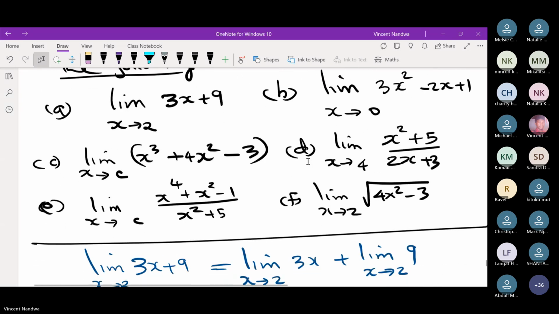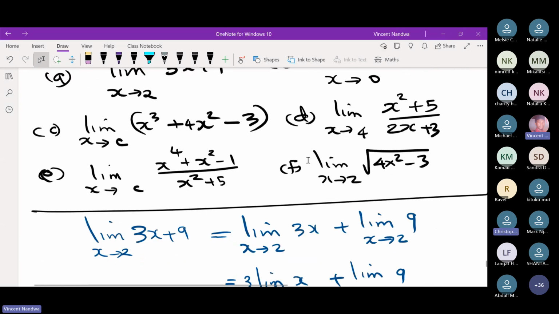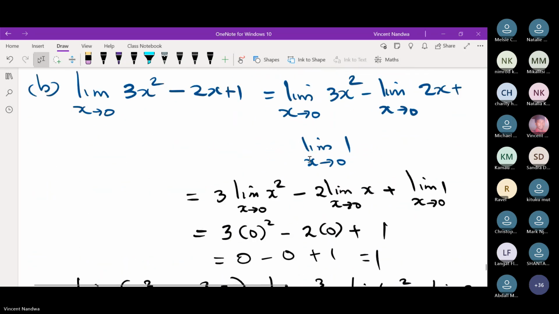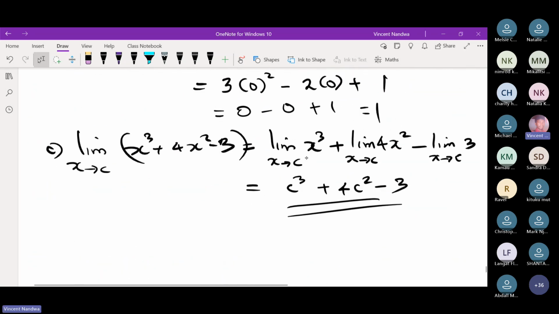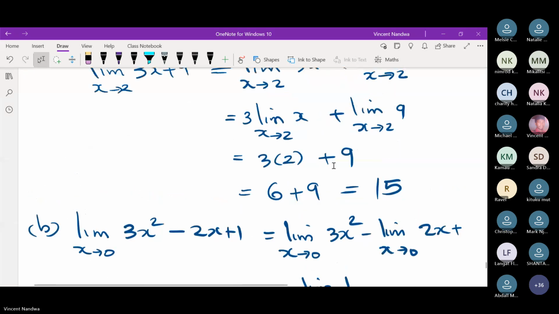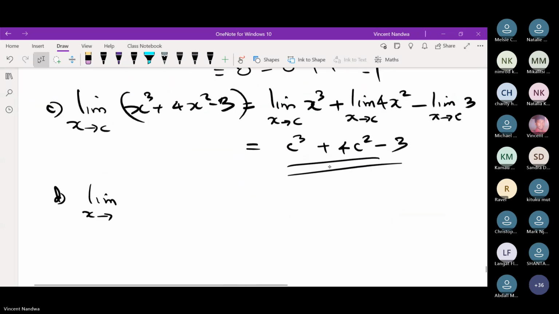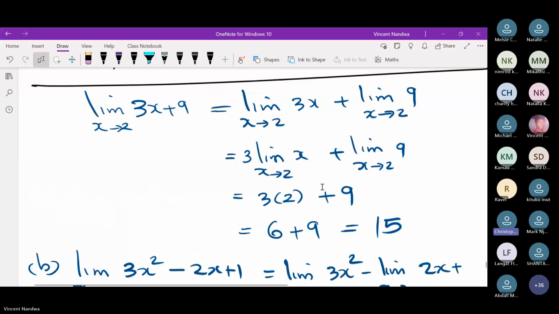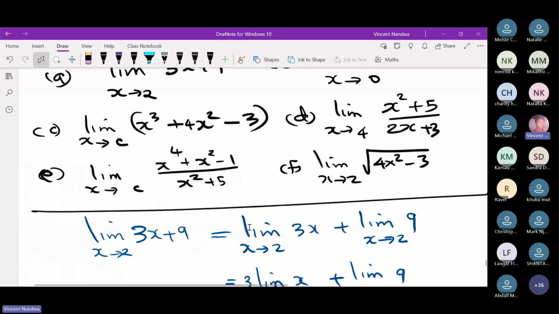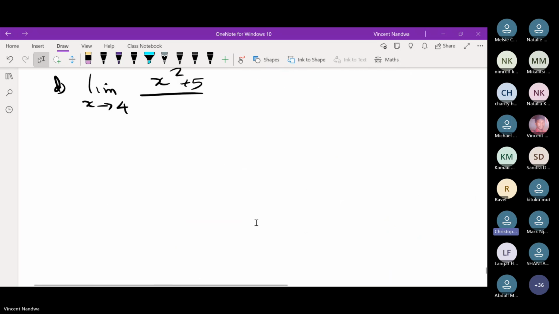Then D, we have the limit as x approaches 4 of x squared plus 5 over 2x plus 3.